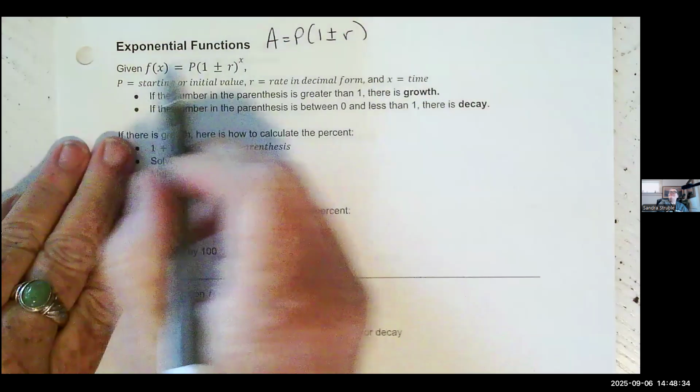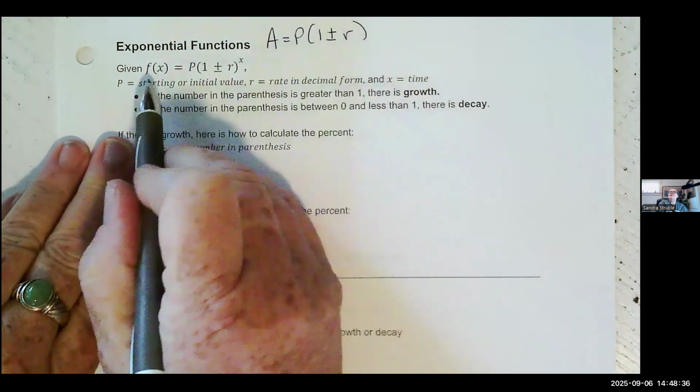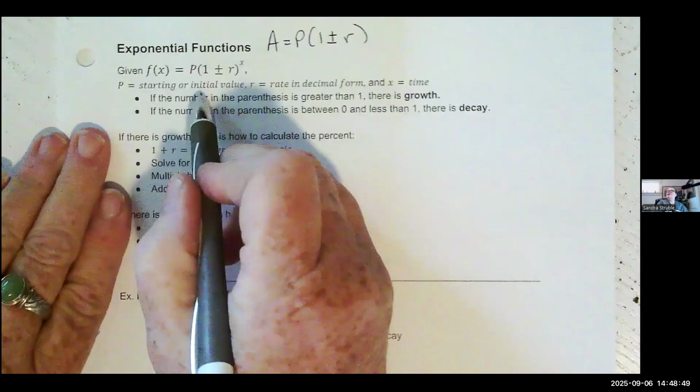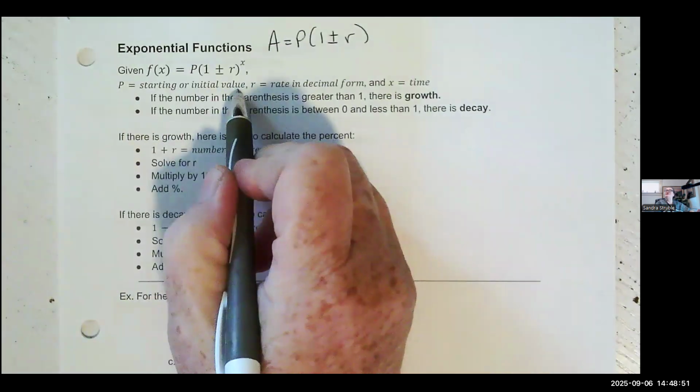Instead of A being the ending value, we're using f of x because we're creating functions. And now that we're talking about exponential functions, we're going to want that f of x to be our ending value. All right, P is our starting or initial value, so you're not learning anything new there.